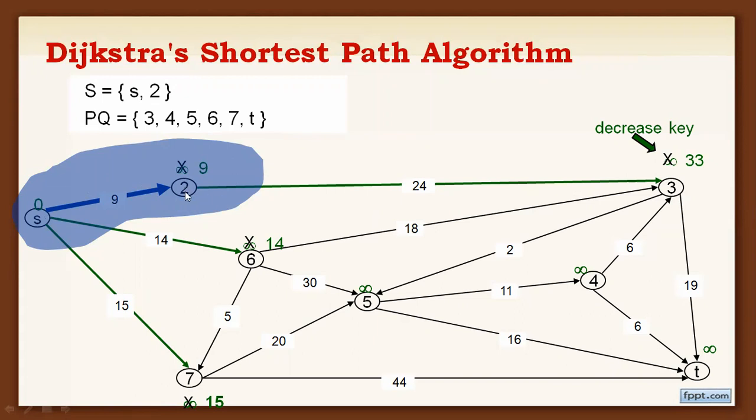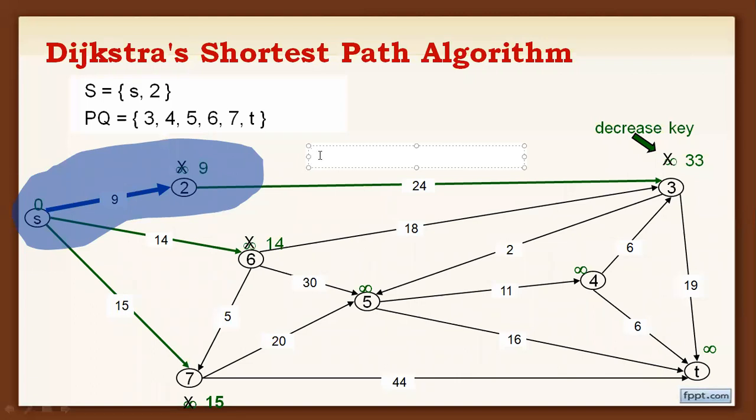Hence, we need to calculate the path from vertex S to vertex 3 through an intermediate node 2. It is possible. So the total cost is 9 plus 24, 33. How this 33 comes, we will discuss here.